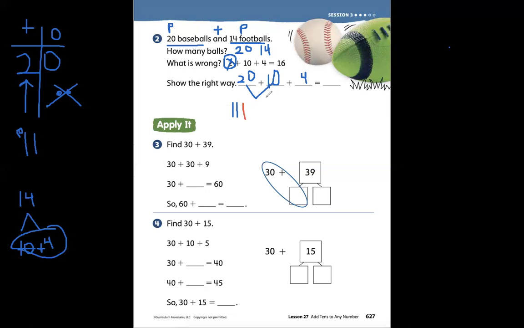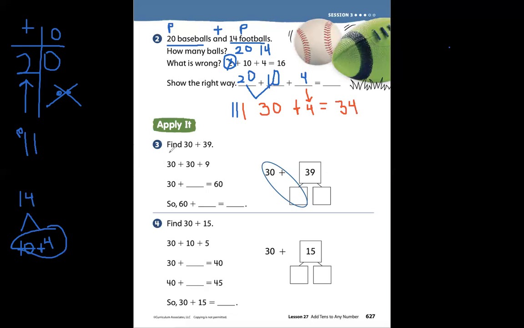So 10, 20, 30 plus, and we can bring down the 4. Bring down the 4. So now we have 30 plus 4. 30 plus 4 equals what? 34.